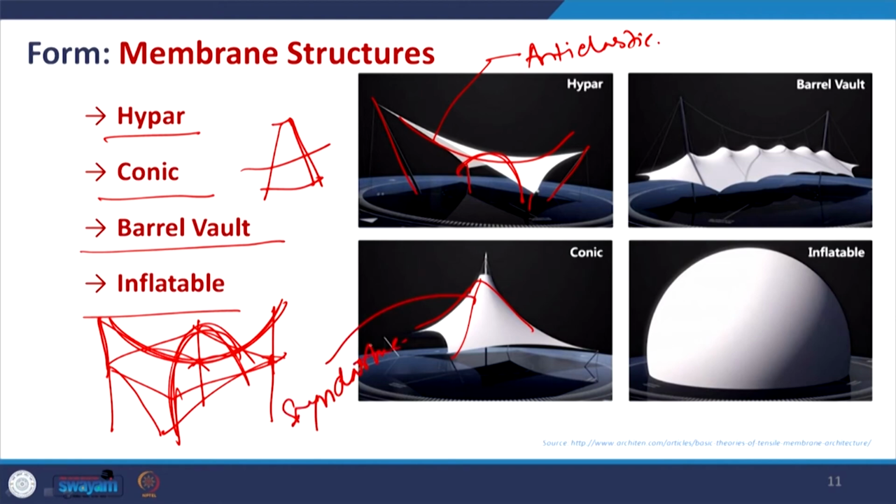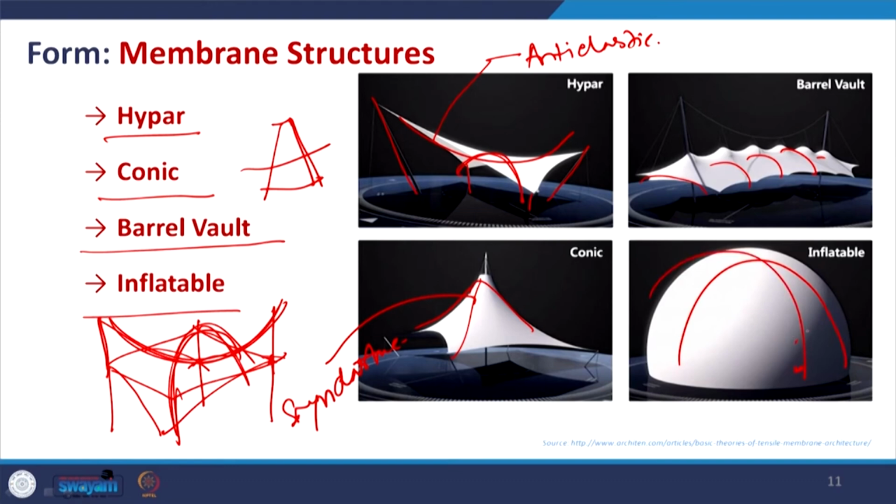Right. Barrel vault is basically the barrel form of that, when you can see that multiple such arrangements together are creating a vault kind of form, then we refer to it as the barrel vault membrane structure. The last but not the least, the inflatable one, where again it is having the similar curvature all through.